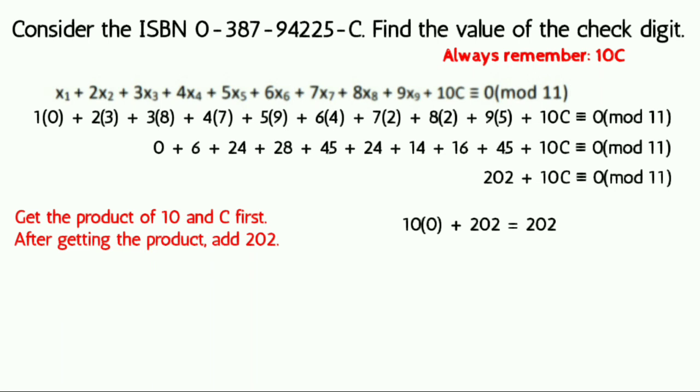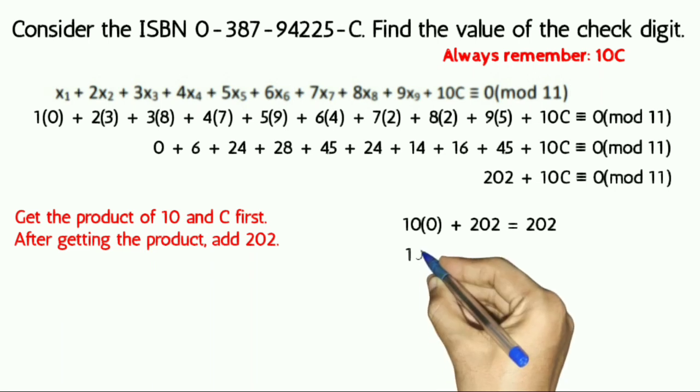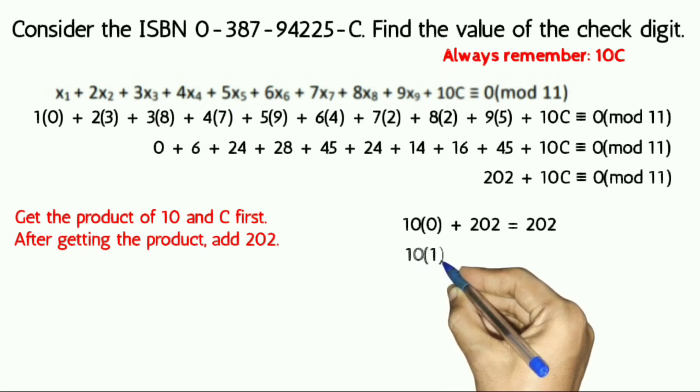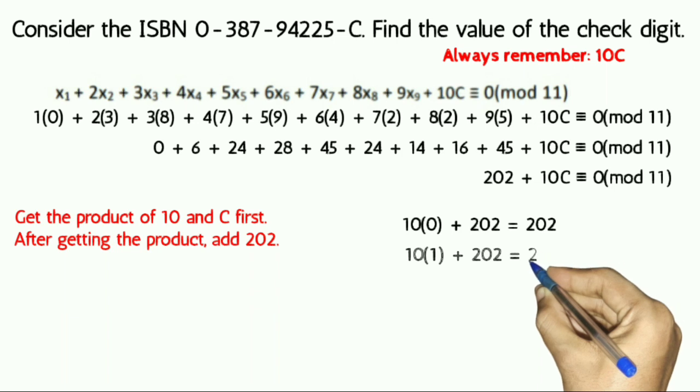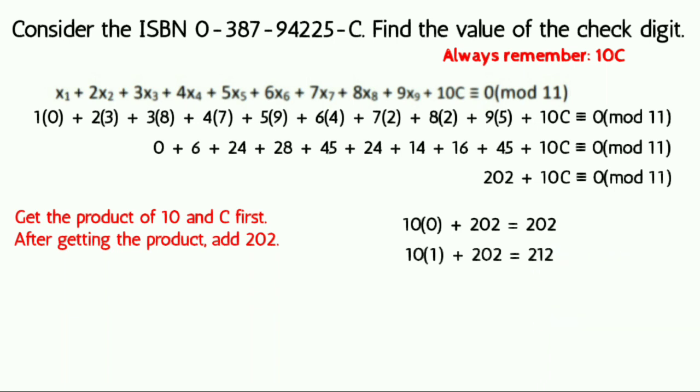Let's try 1. 10 times 1 is 10 plus 202. That will become 212. 212 is not divisible by 11. Therefore, 1 is not the check digit.